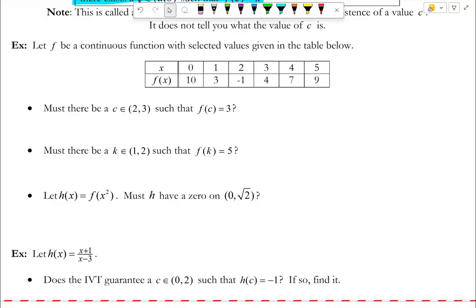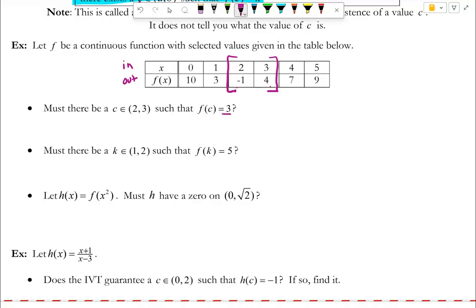So again, c is an input, 3 is an output. So from 2 to 3, I'm going to look from the x value 2 to the x value 3. And I notice my y values, my outputs, range from -1 to 4. 3 is between those numbers.